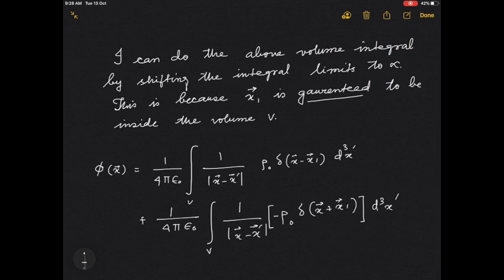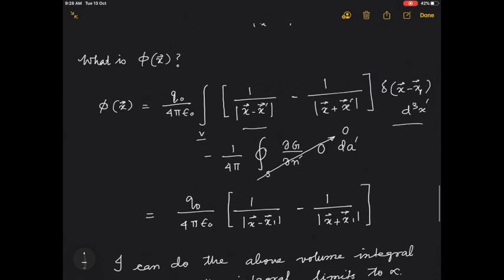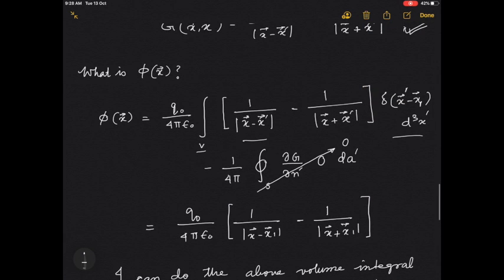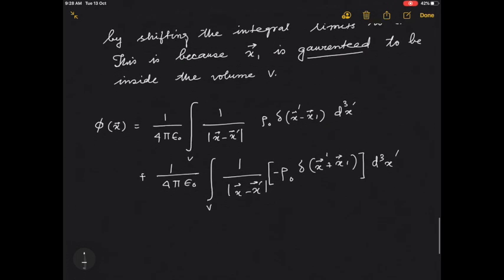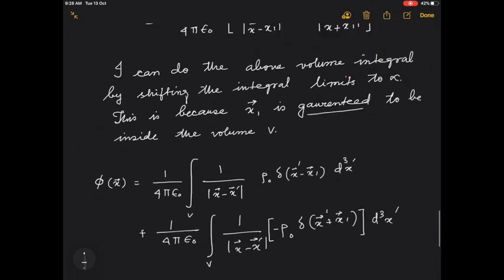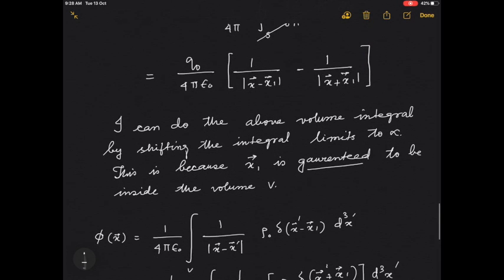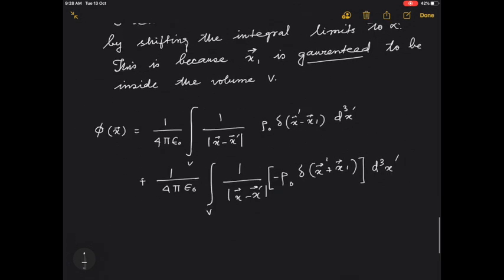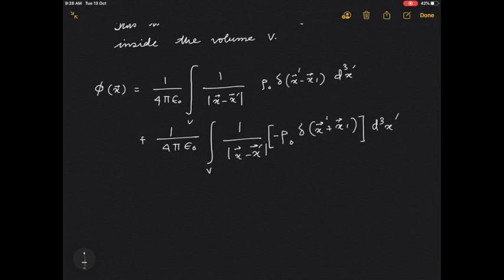But you see, if I do the second integral, I will get minus 1 by x plus x prime. Sorry, x primes will be replaced by x1, so I will get exactly the same solution as this.